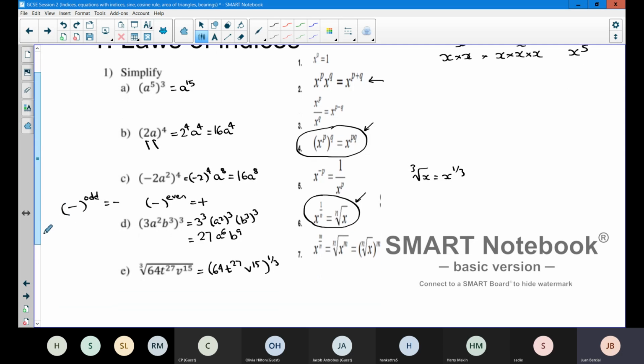So we've got 64 to the power of a third, or the cube root, then we've got 27 to the power of a third, and v to the 15 to the power of a third.